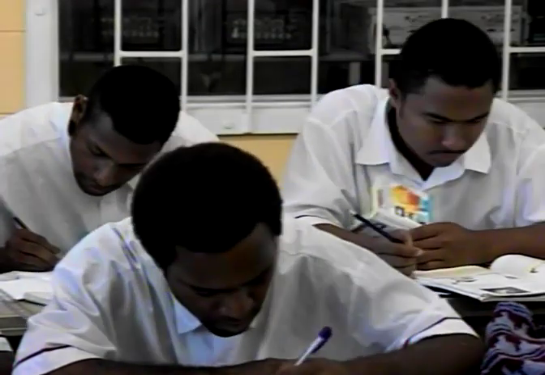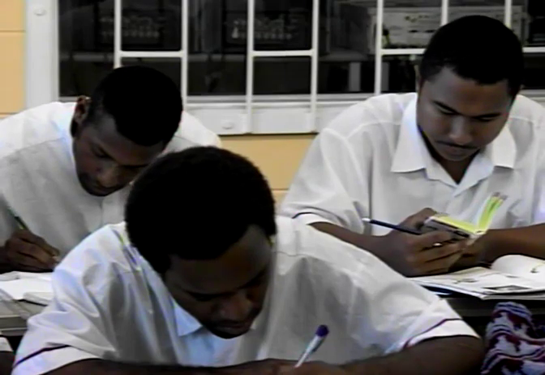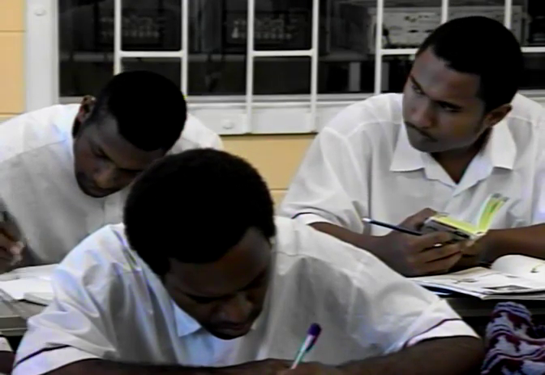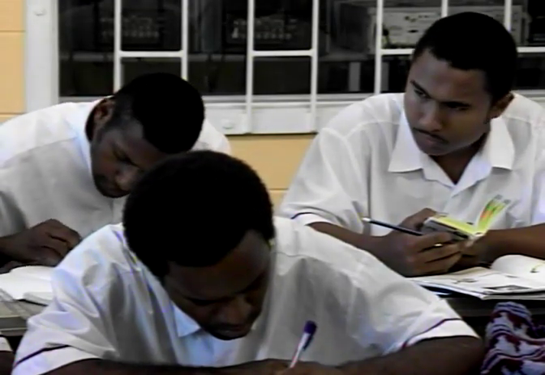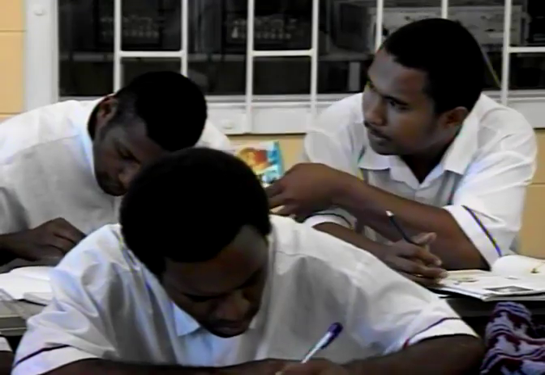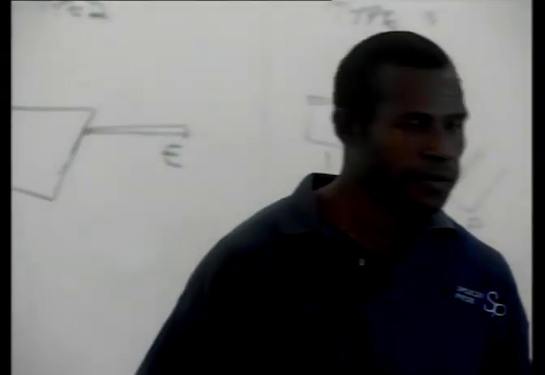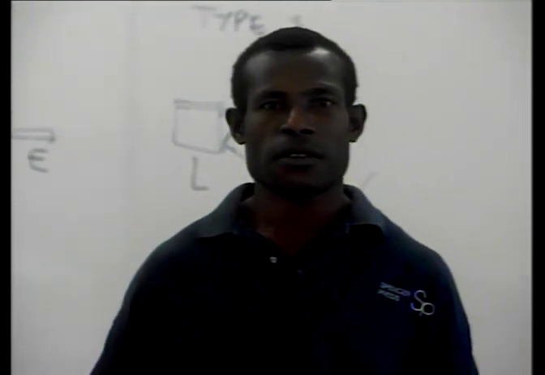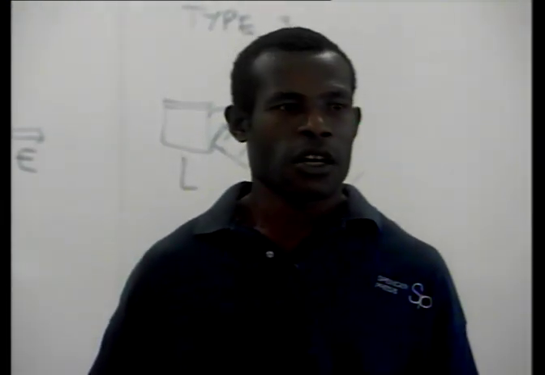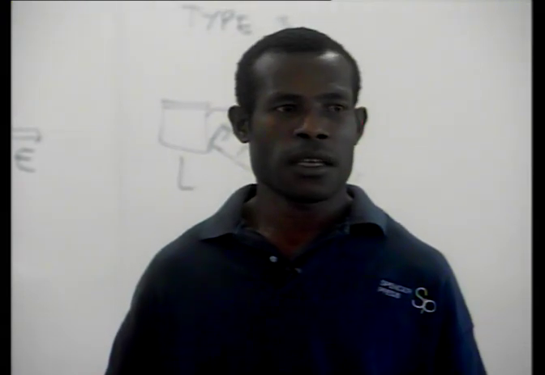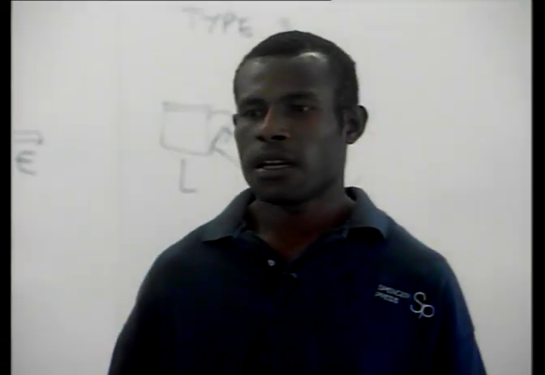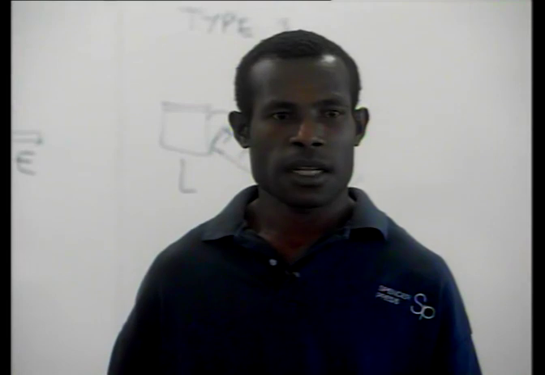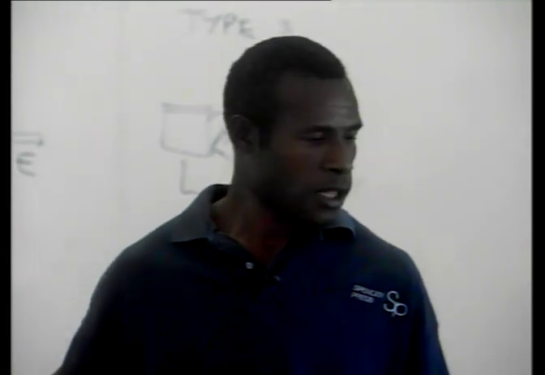Okay, raise your hands up if you have finished the activity questions. All right, that is to put them into the three types of levers. We'll now have a look at the answers to that activity.